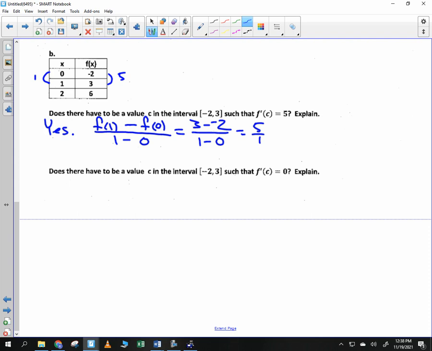Mean value theorem. So yes, the mean value theorem guarantees a value of C.